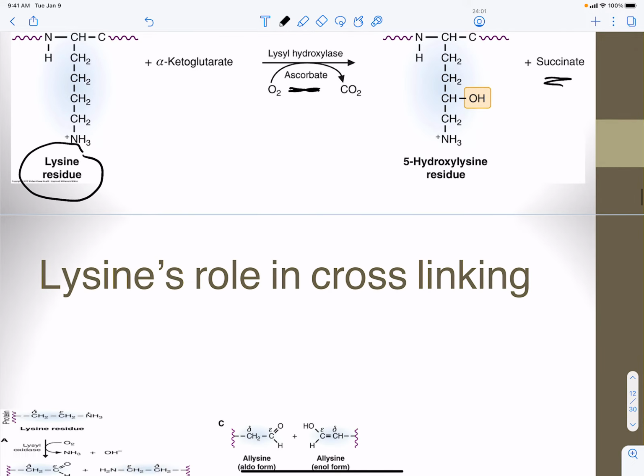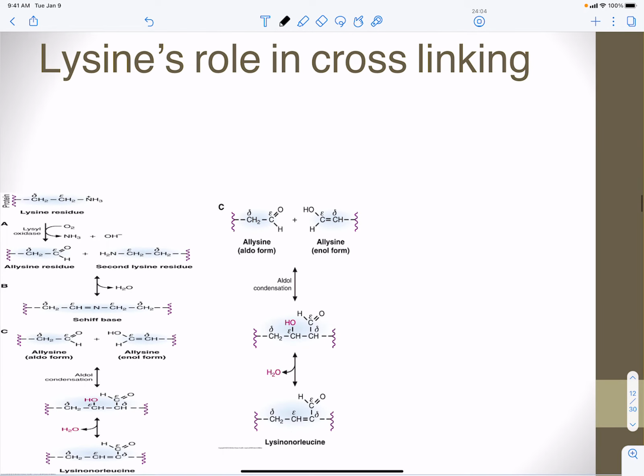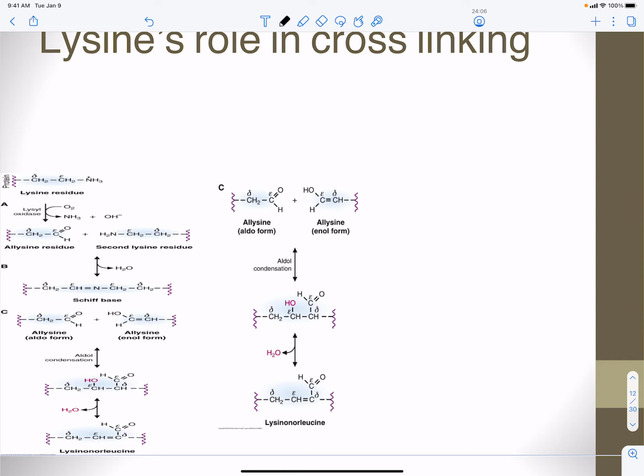And then what's important is cross-linking. So side chains of lysine will be oxidized, and they can form aldehydes and something called allysine, which is an intermediate.